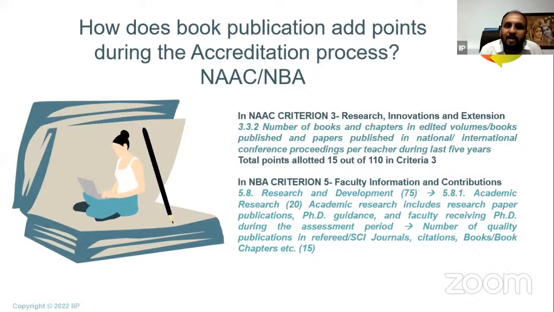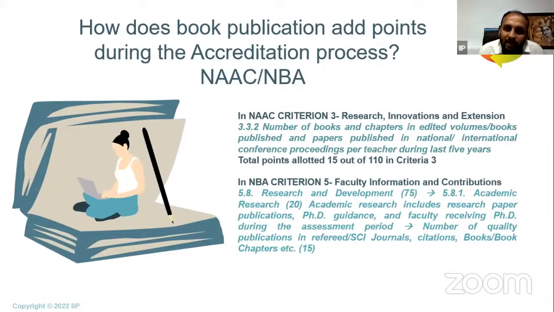So even though an author publishes a book for individual benefit, it improves the points of the institution where he is working during the accreditation process.